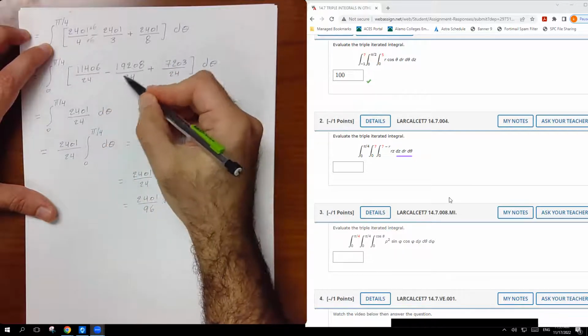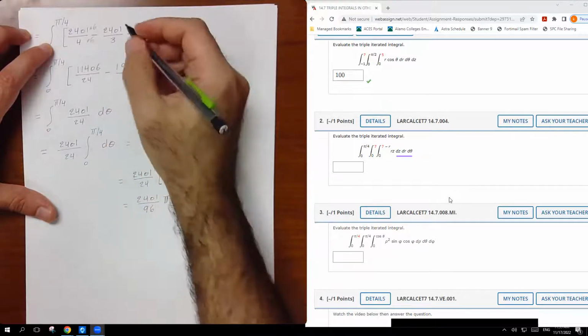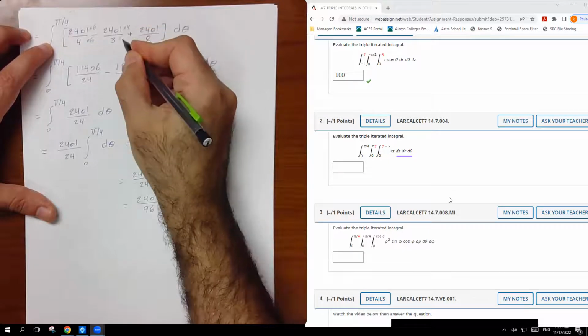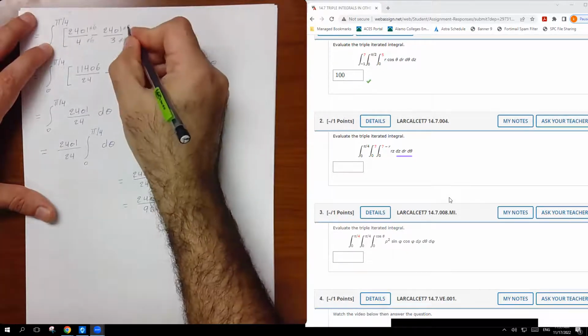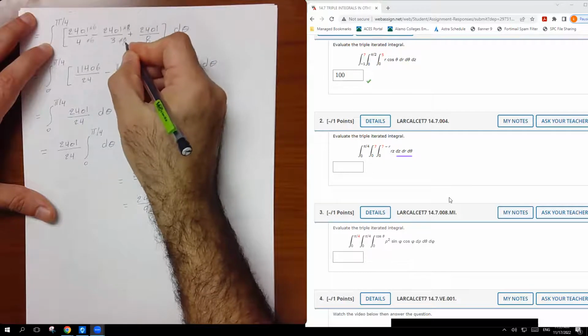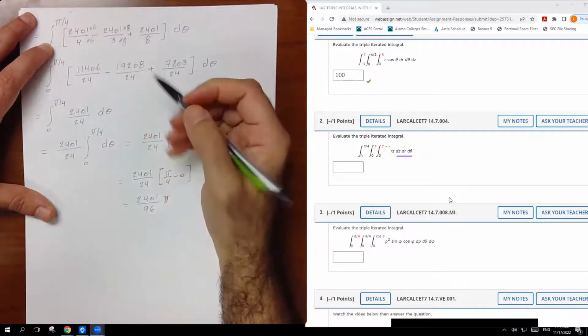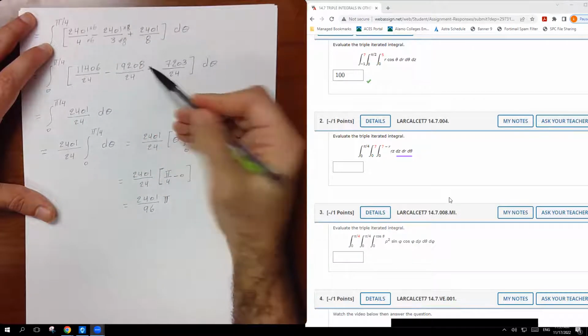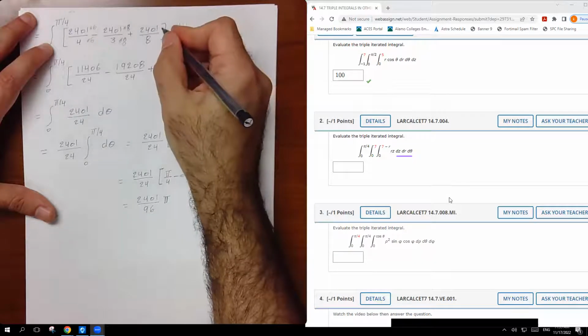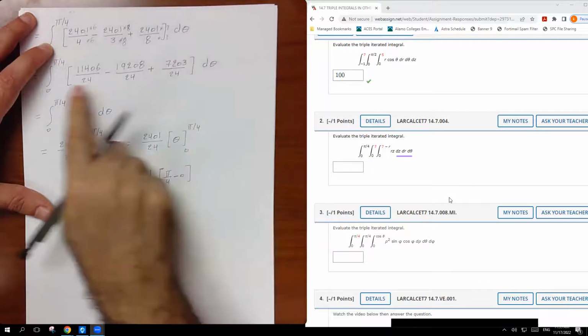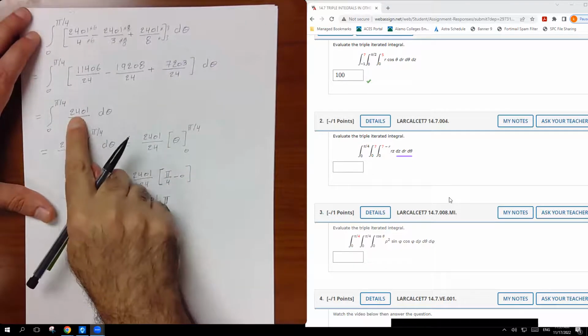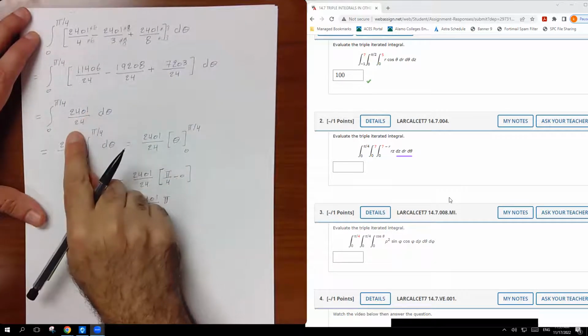Now I need to get the common denominator, so I'm going to multiply this one by 8, so we can get 24. So here's 24 and here's 19,208. And this one, we're going to multiply by 3, and we're going to get 24. Combine everything here, and it's going to be 2,401 over 24.